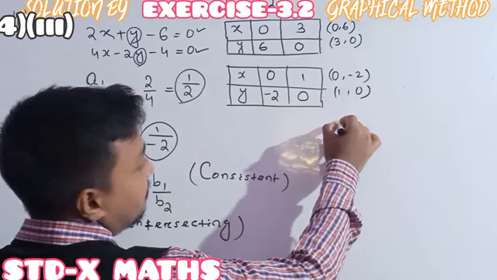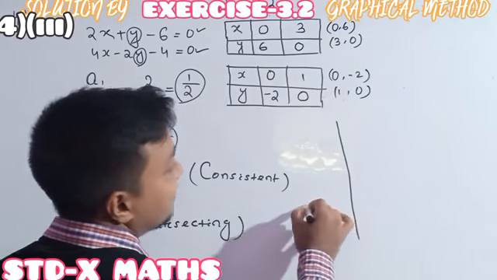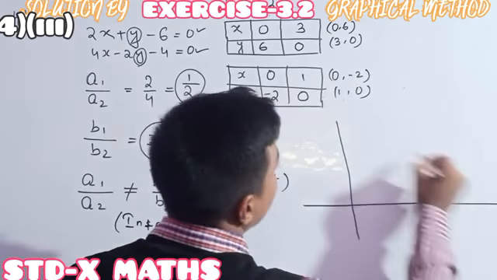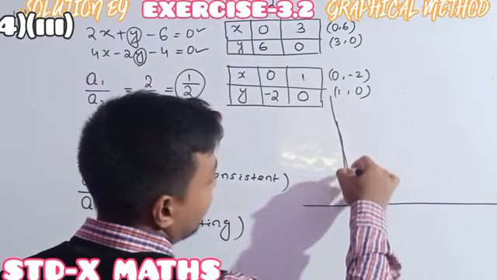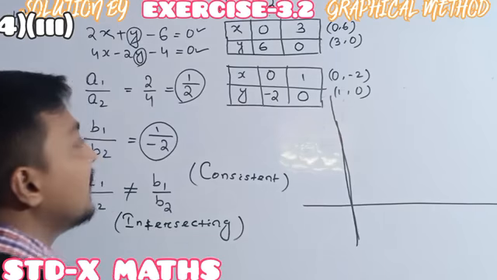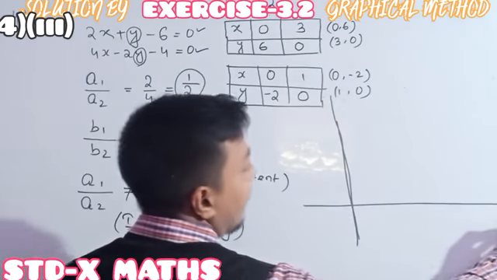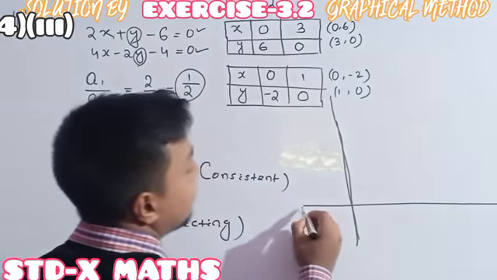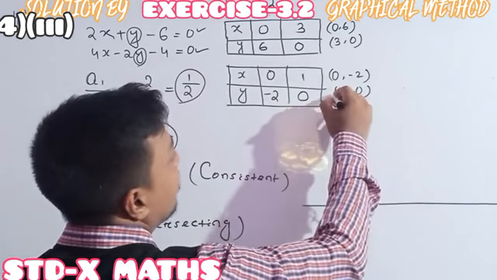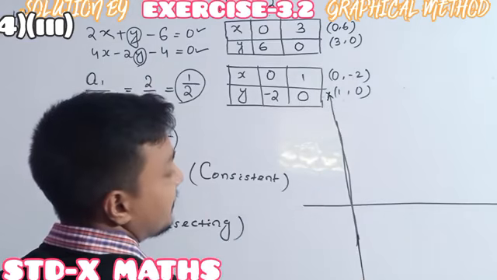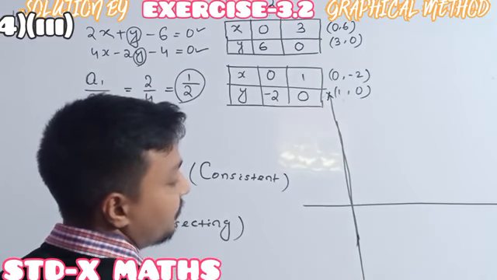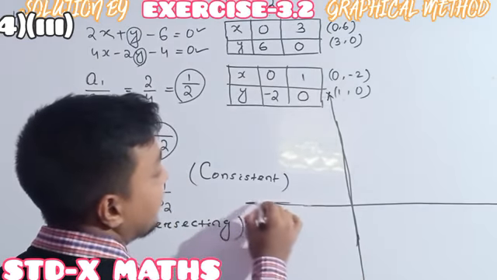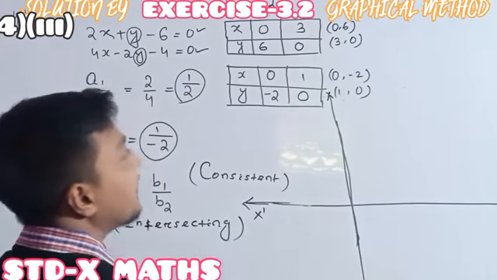Now we just have to do the graphical representation. Here is the x-axis, this is our y-axis, this is the negative y prime, and this is the negative side, x prime.